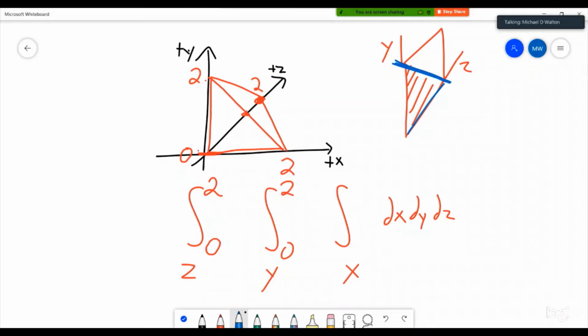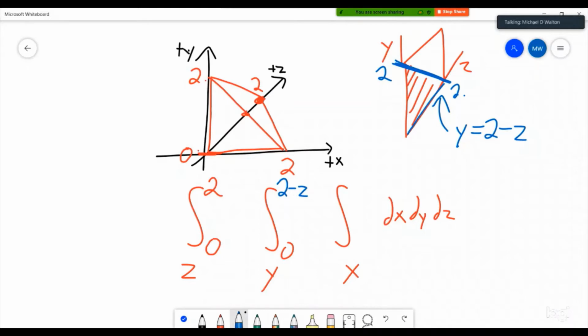So if we figure out that this is at +2 and this is at +2, we can figure out that the top is going to be the line 2 minus z, because that is this line up here. That line is y equals 2 minus z. And so that gives us what our y value is going to range between.